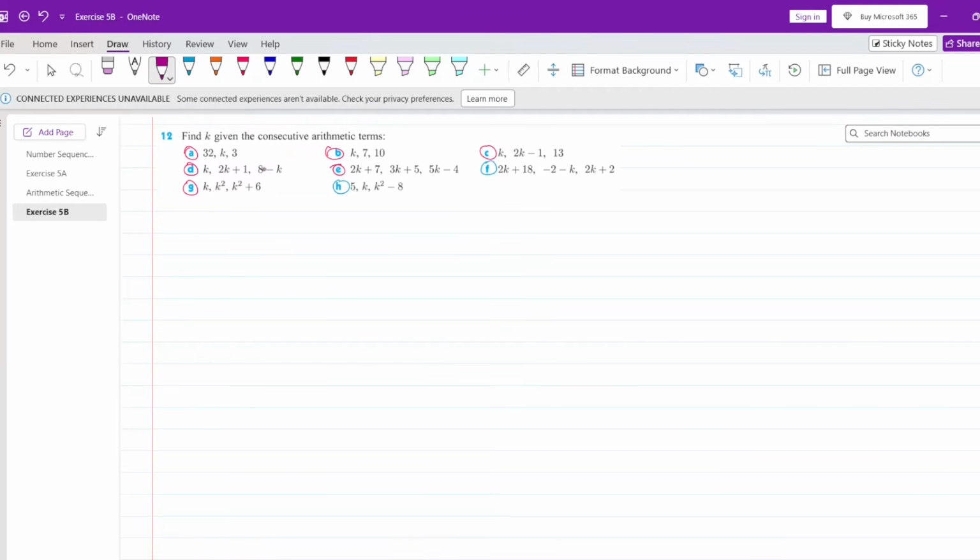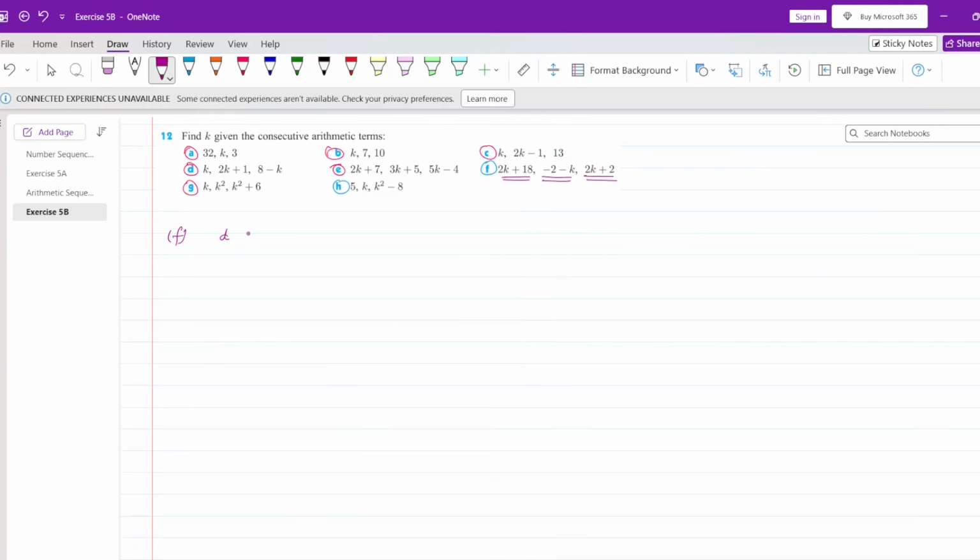Let's go to the next question. Find k given the consecutive arithmetic terms. So we know this term, and this term, they all are consecutive. So we can say if this is the third term, this will be the fourth term, this will be the fifth term. Or if this is the 10th term, this will be the 11th term, and this will be the 12th term. So they are consecutive. In that case, can we say that this number minus this number will always be equal to this number minus this number?